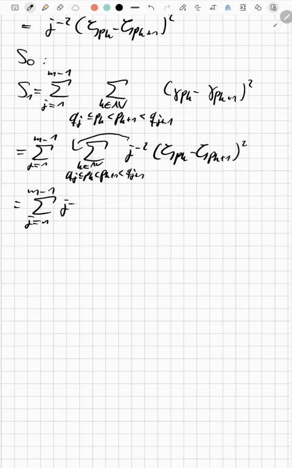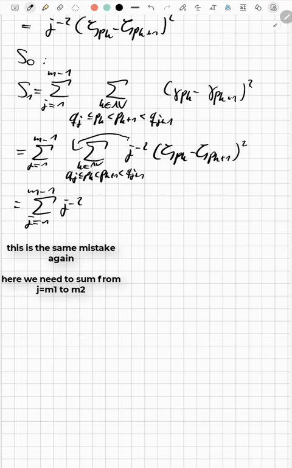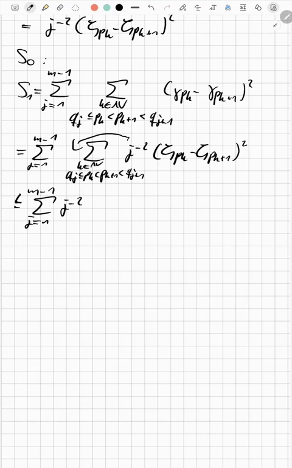We take the j to the power of negative 2 to the front, and what remains will definitely be less than or equal to the supremum of this sum right here.